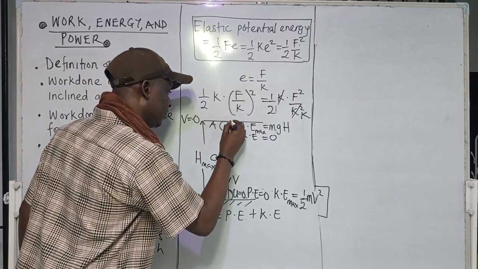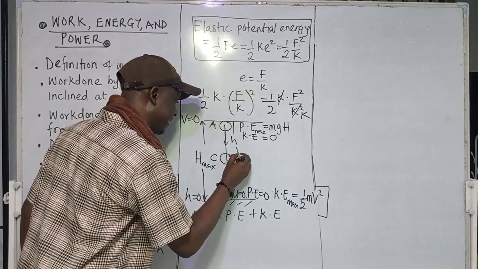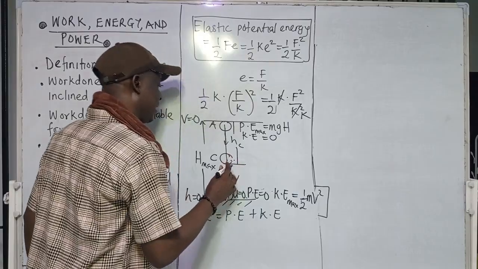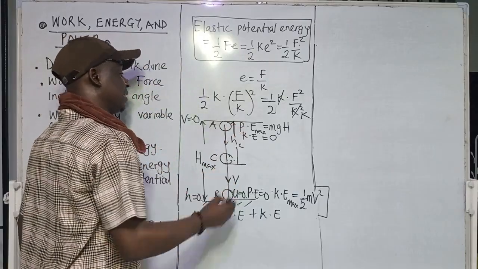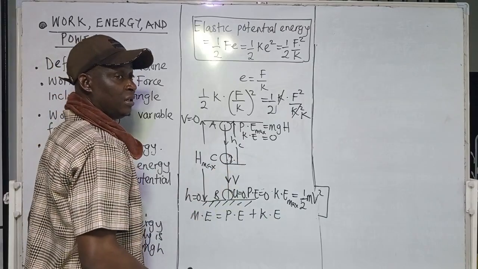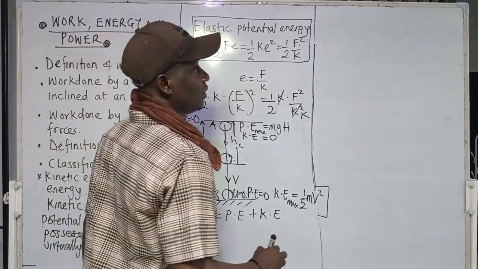Let's say this body falls a height hC. Then I say find the potential energy at this point. What is potential energy at point C?